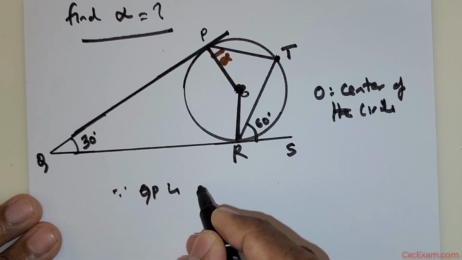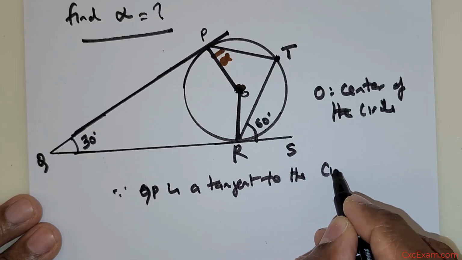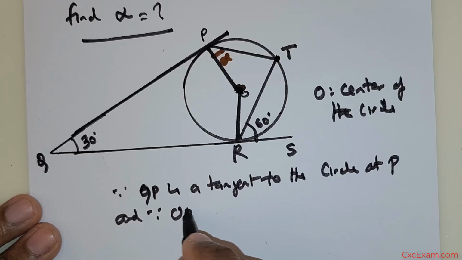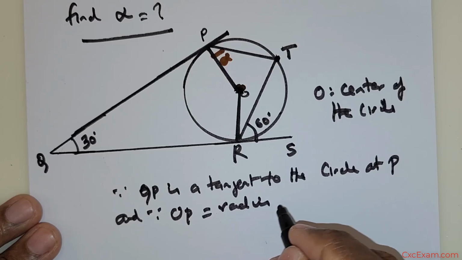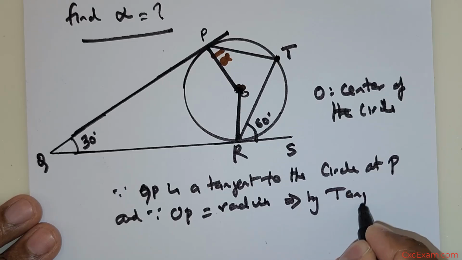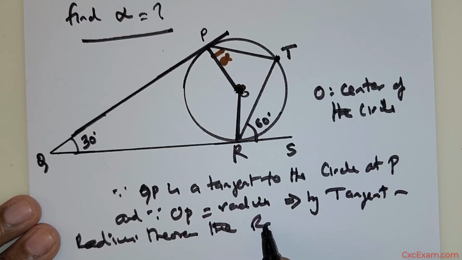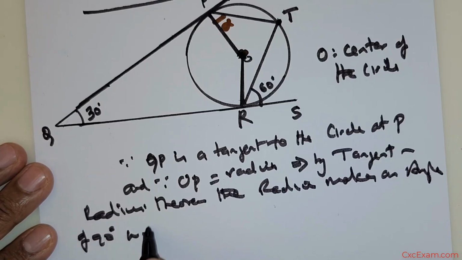Since QP is a tangent to the circle at P, and since OP is a radius, this means by the tangent radius theorem, the radius makes an angle of 90 degrees with the tangent.